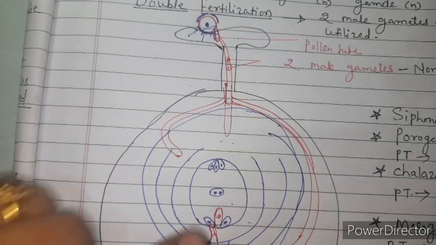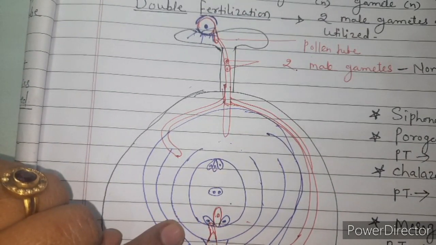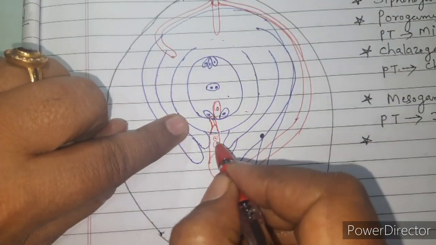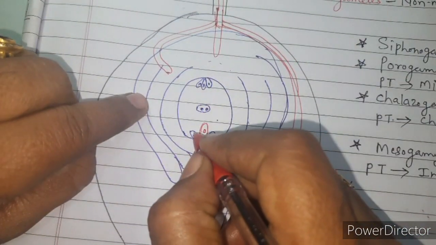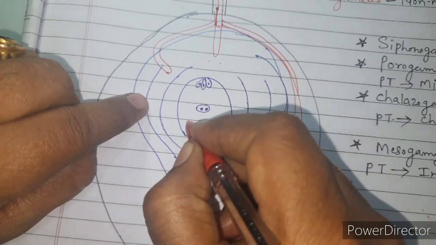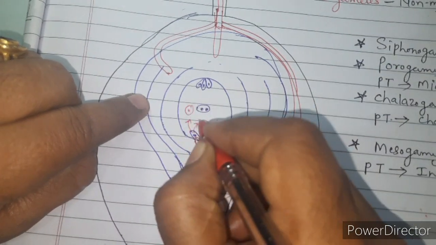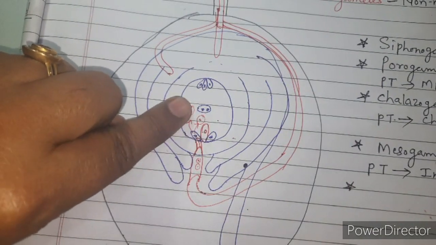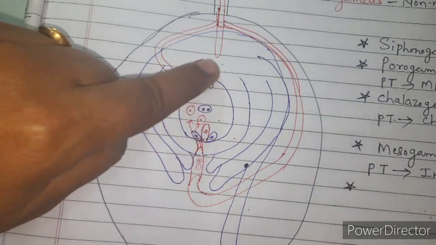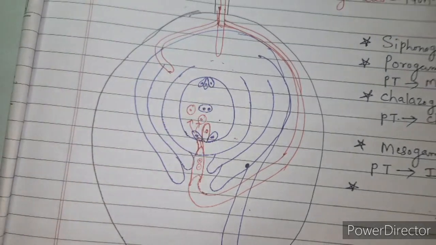So, these are the two male gametes released in the embryo sac.